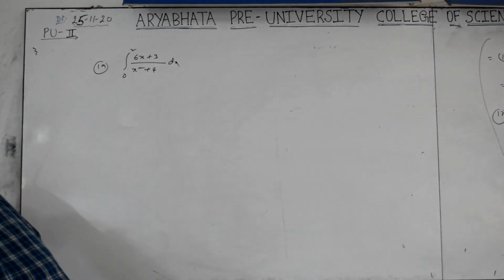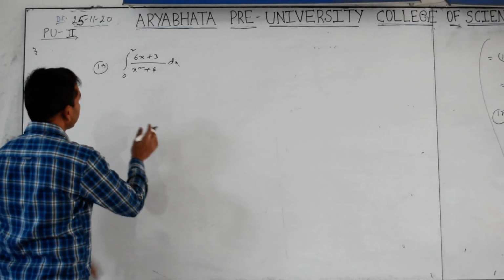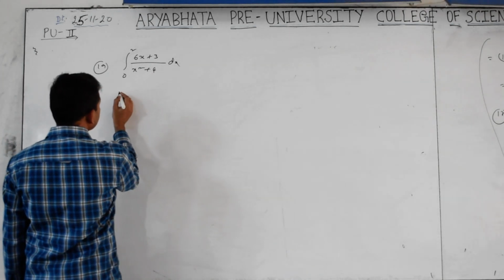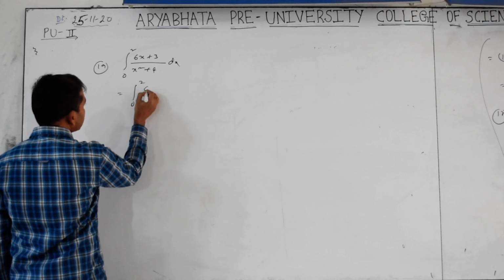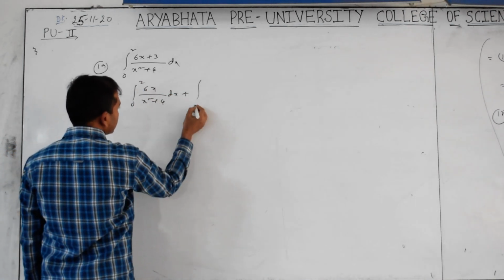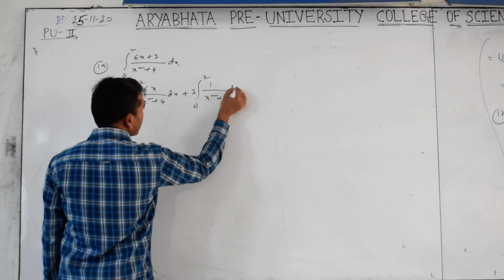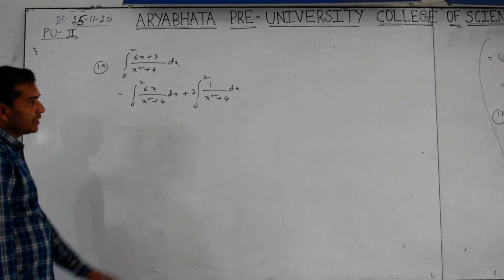Is this proper or improper? Proper. Splitting: integration 0 to 2 of 6x by x square plus 4 dx, plus integration 0 to 2 of 3, constant, times 1 by x square plus 4 dx.